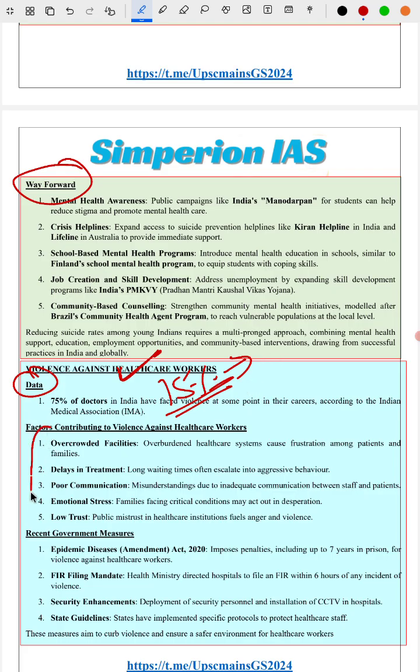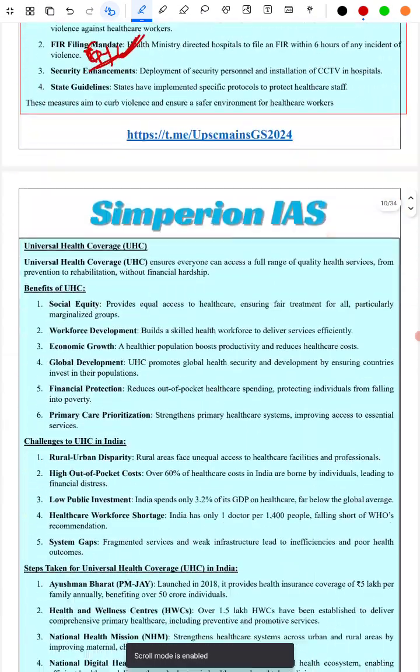Next, we have covered factors that are leading to violence against healthcare professionals, and also the recent government measures. One of the recent government measures, I think done a month back, is filing of FIR within 6 hours of physical harassment against a health worker. We have covered 4 points, you can go through it.